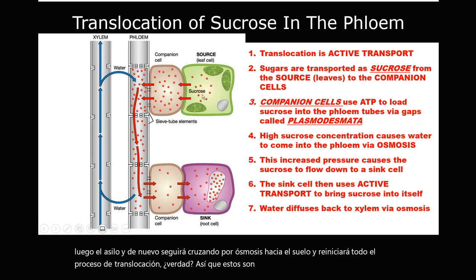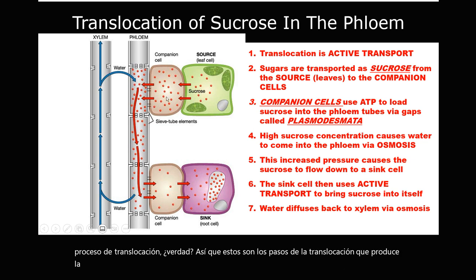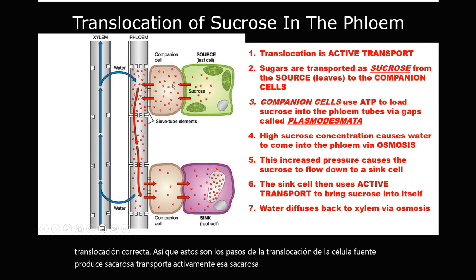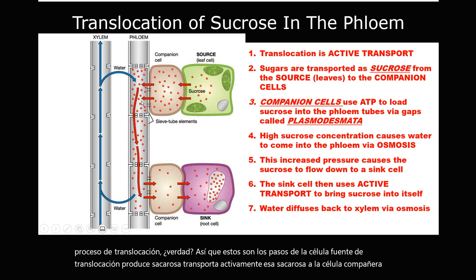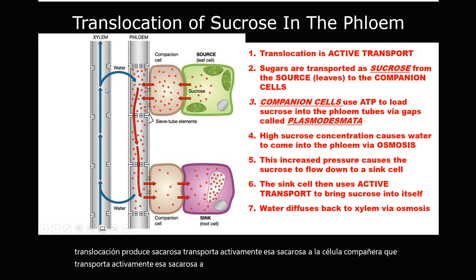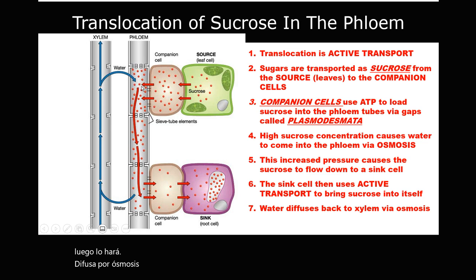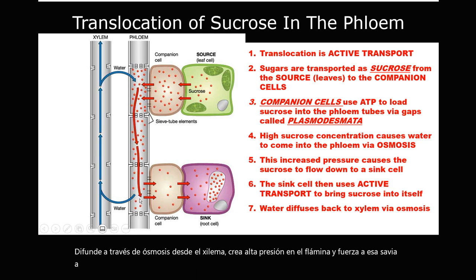Source cell produces sucrose, actively transports that sucrose to the companion cell, which actively transports that sucrose through the plasmodesmata into the phloem. Water will then diffuse via osmosis from the xylem, create high pressure in the phloem, and force that sap to move from a source area to a sink area.